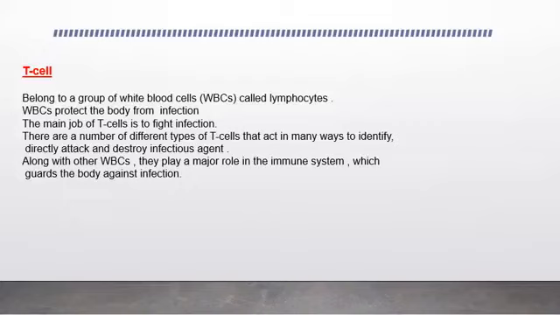There are a number of different types of T cells, and I will explain that later, that act in many ways to identify, attack, or destroy infectious agents. We've got intracellular pathogens and extracellular pathogens, and we want to know which T cells will match the extracellular antigen and which T cells will match the intracellular pathogen.